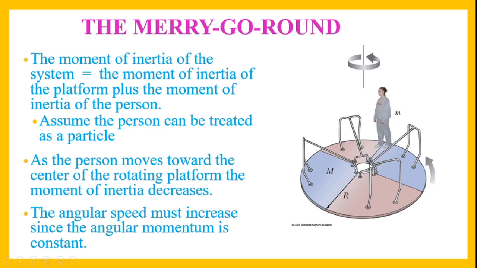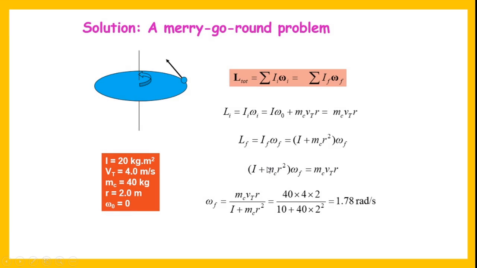That means the angular speed must increase since the angular momentum is constant. Hence when a person moves inside the rotating frame of the merry-go-round, as the moment of inertia decreases, the angular speed increases.